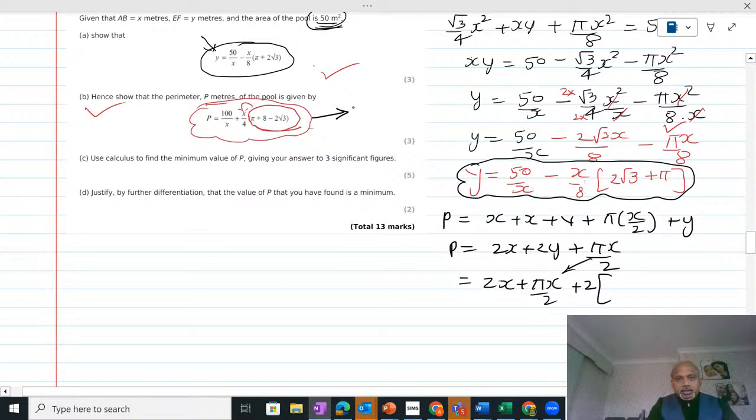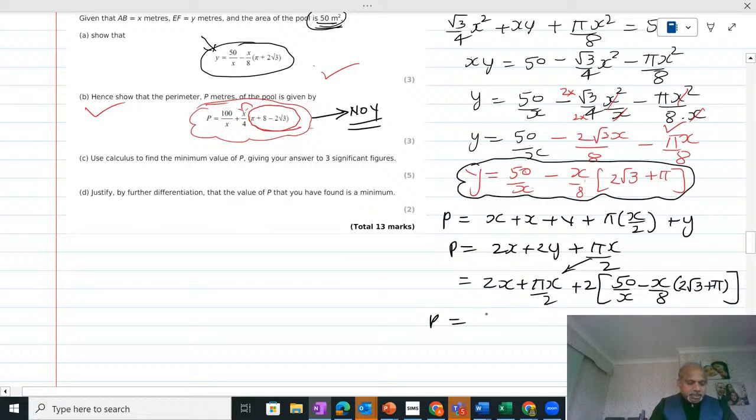Because if you see, in the perimeter there is no y, so get rid of y, eliminate y. So it should be 50 over x minus x by 8, and it is 2 root 3 plus pi. If you simplify, I'm just writing here 2x plus pi x by 2, and 2 multiplied by 2, so it should be 100 over x minus, multiplied by 2, x over 4 and 2 root 3 plus pi.